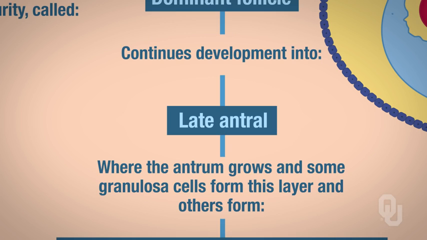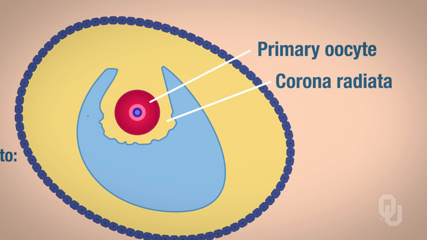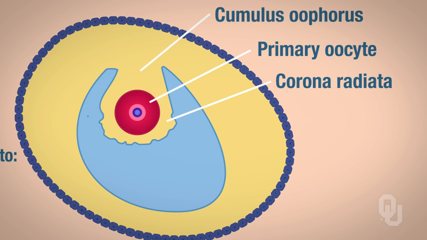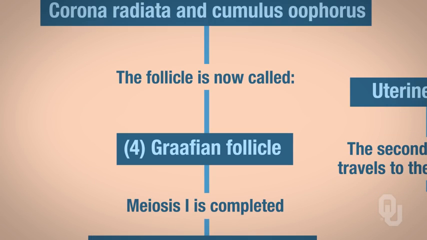So it's continued to grow. Some of the granulosa cells of this layer will form the corona radiata. So that's sort of this rough-looking layer here that surrounds that primary oocyte. Then there's also the cumulus oophorus. And now, after all of this happens, we have what's called a Graafian follicle.